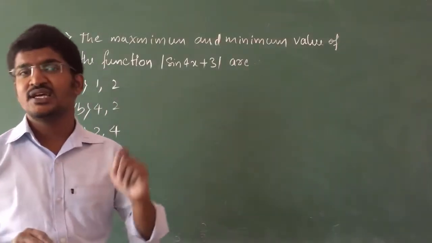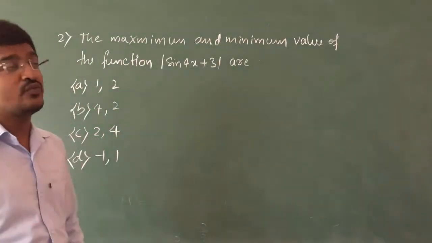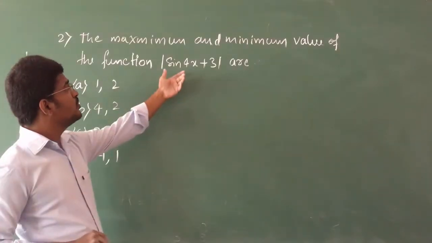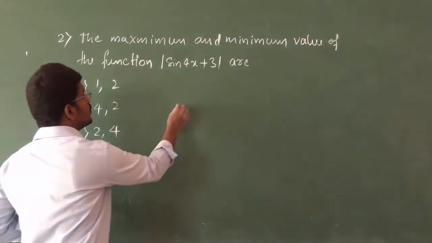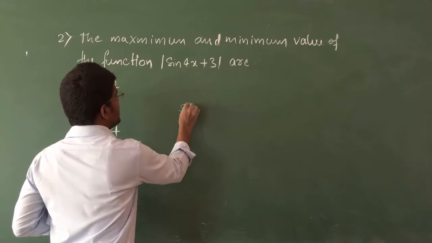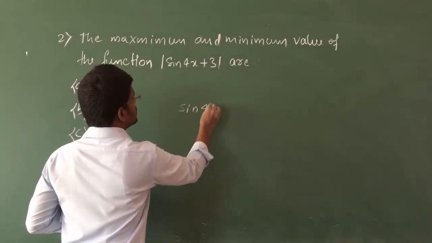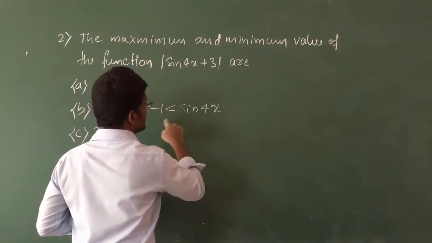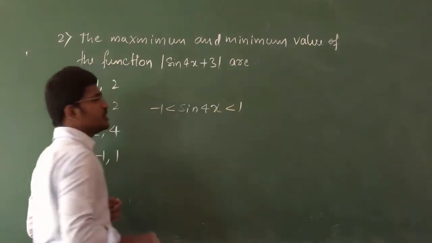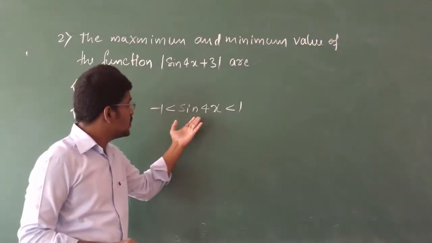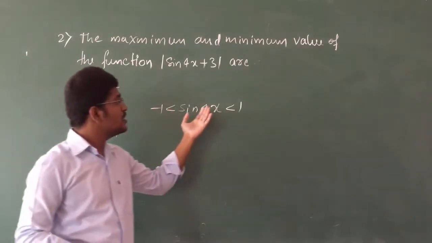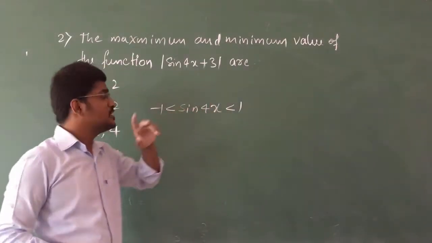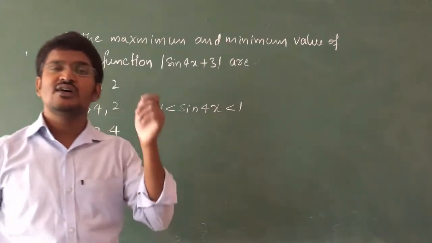But no worries, let us find it another way. Here you have sin 4x, so sin 4x must always be greater than minus 1 and lesser than plus 1. It can't go lesser than minus 1, it can't go above plus 1. It should be in between minus 1 and plus 1.